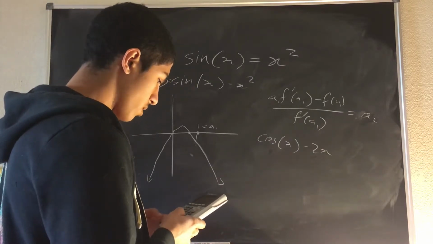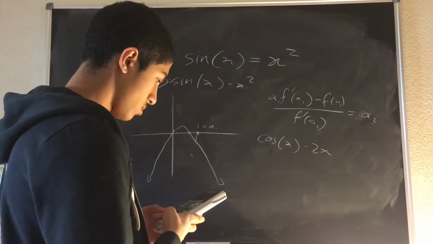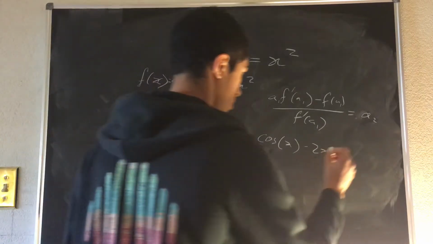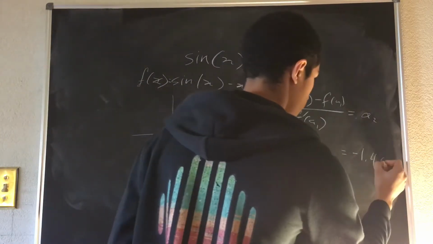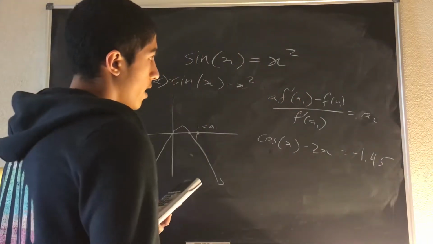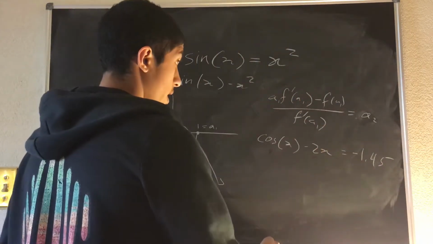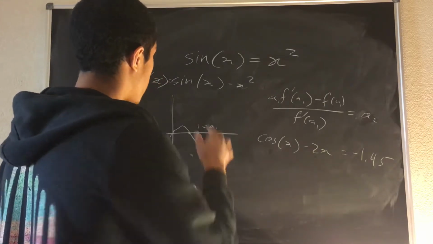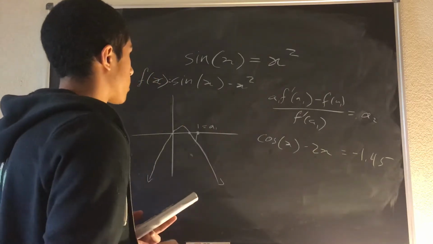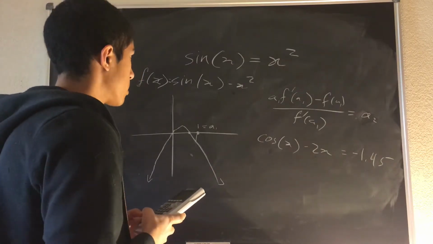So cosine of 1 minus 2 is equal to negative 1.45. And now let's try to calculate what negative f of a1 is. That is simply the negative of the sine of 1 minus 1.